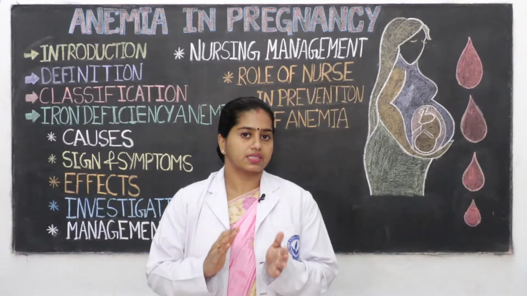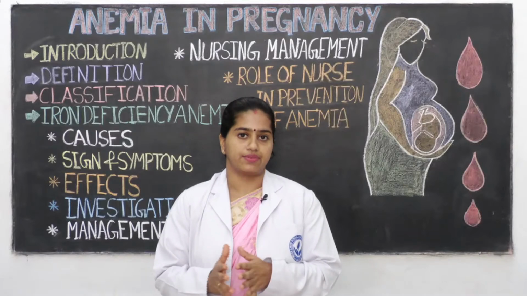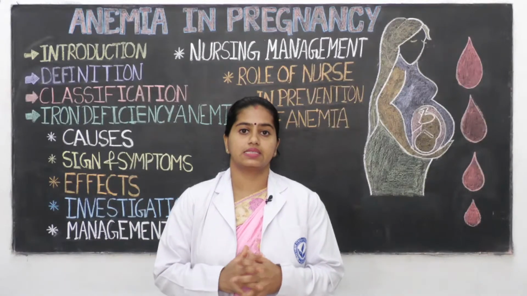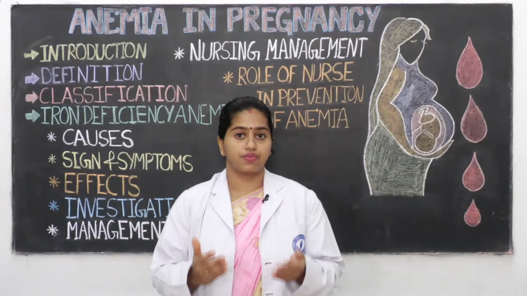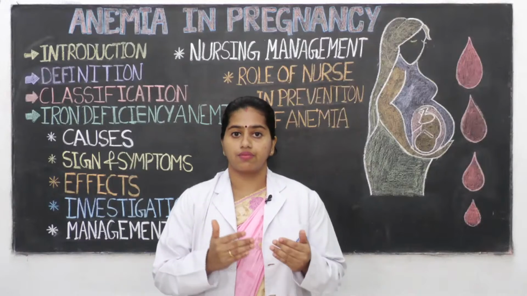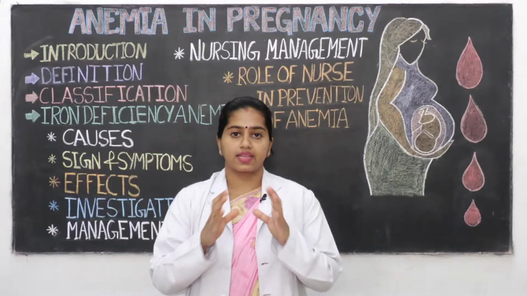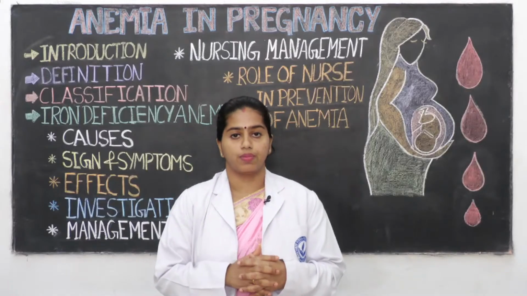And we have to see whether it is mild, moderate, or severe anemia. If it is less than 7 gram percent, it is severe anemia; if it is 5, 4, 3, it is very difficult for the mother to cope during pregnancy. Like that we can see the hemoglobin percentage.